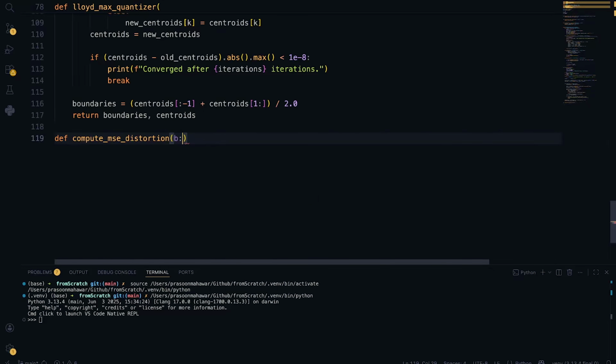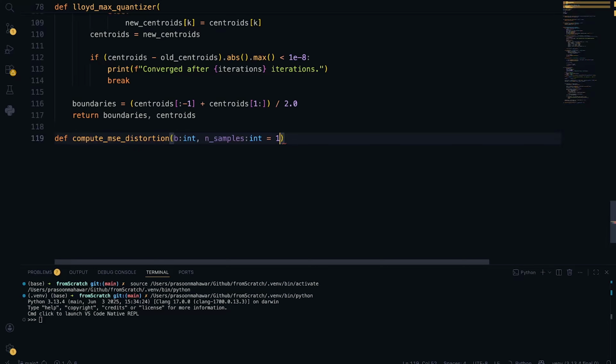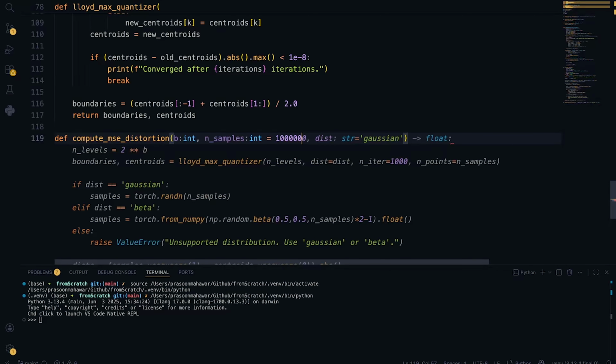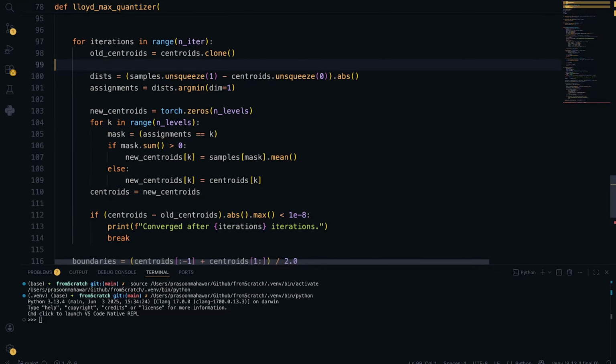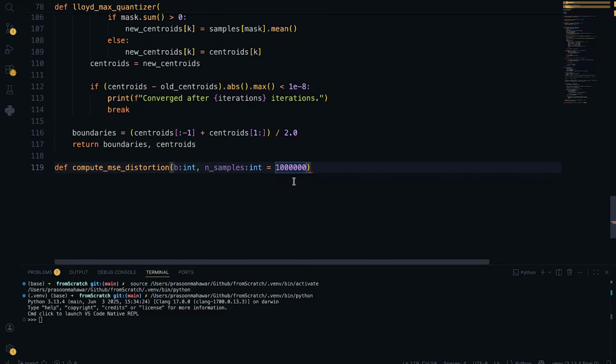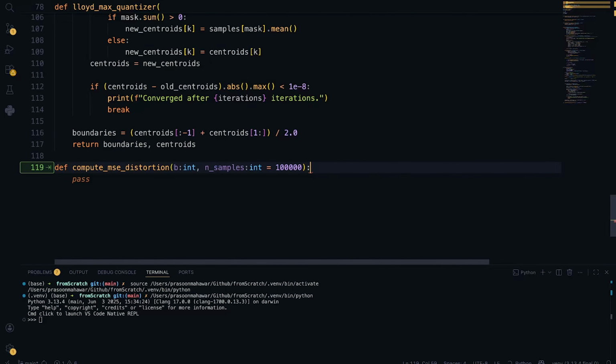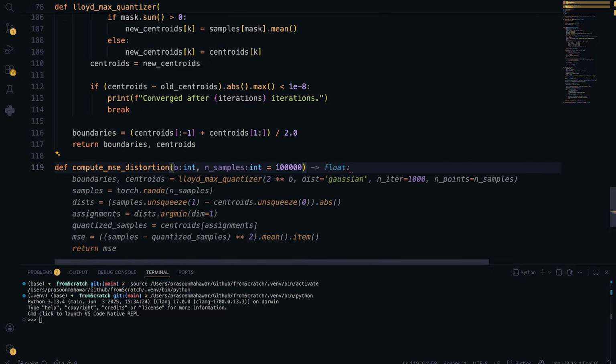So this will have number of samples, an int, again, by default 100,000. Oh, more than that, sorry, one extra zero. Okay, yeah, and this will return a float.